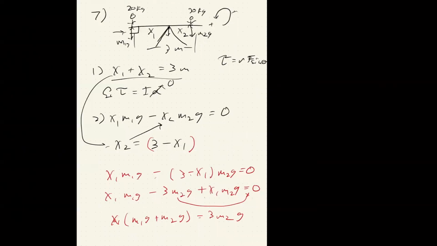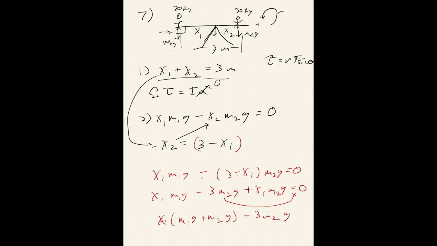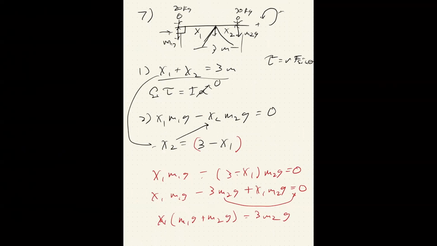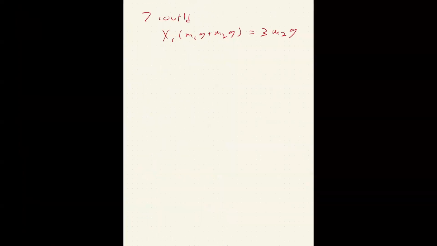And so now what we need to do is stick in our values. So let me go back a page just to grab them. Let me just rewrite the equation. x1 times m1g plus m2g equals 3 m2g. Let me just verify that. Yes. And now m1 is 20 and m2 is 30.